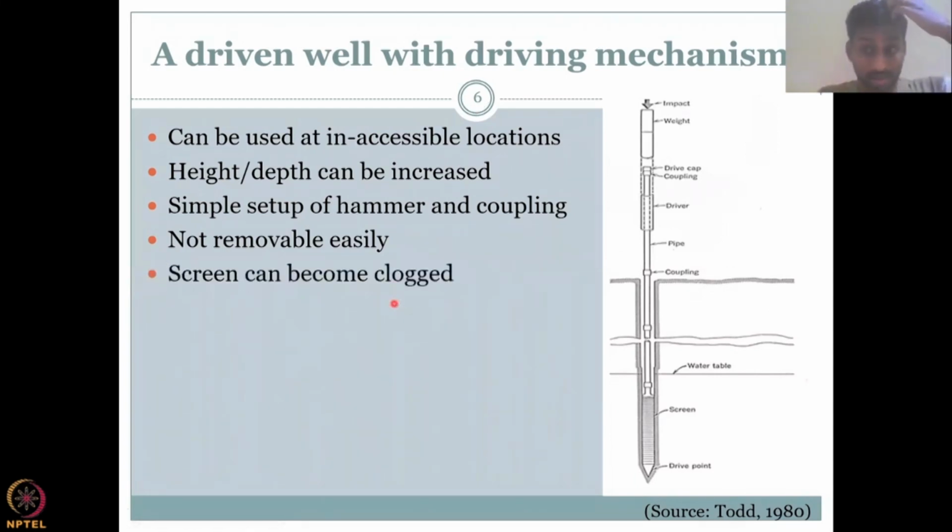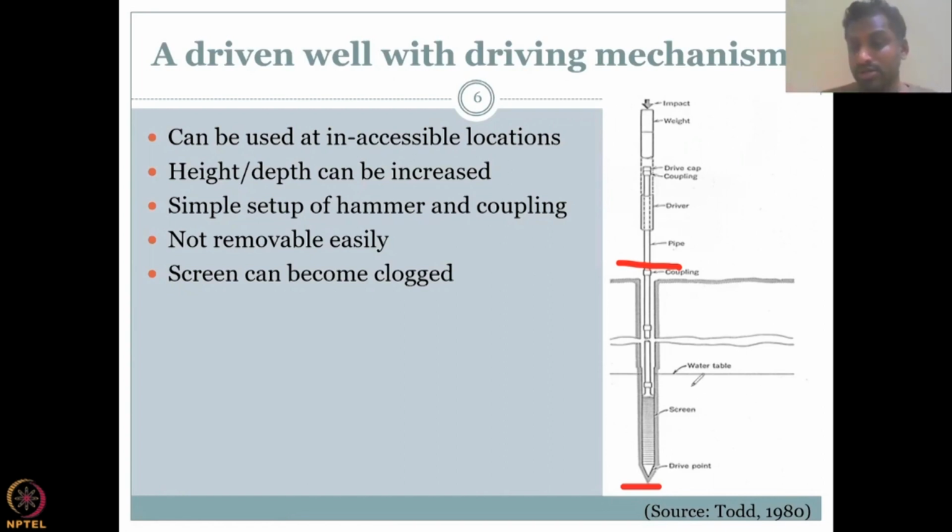Screen can be clogged, as I said, while hitting. Again, this is not when the water is moving. While you're hitting, the screen can be clogged or damaged. If you look here, the screen is here, okay? And you're hitting from the top, and this is also having some stress. So sometimes your screen, which is just a perforated hollow tube, might get squished, so it gets damaged.